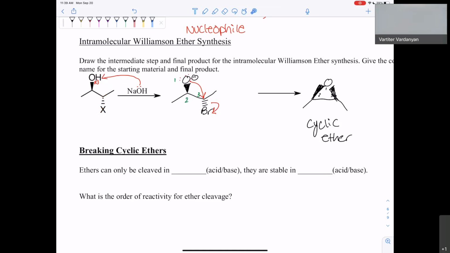So good. All right. So besides cyclic ether, this guy has a special name. Does anyone know what it is? Think about the title of this section: alcohols, ethers, and epoxides. Epoxides, yes.